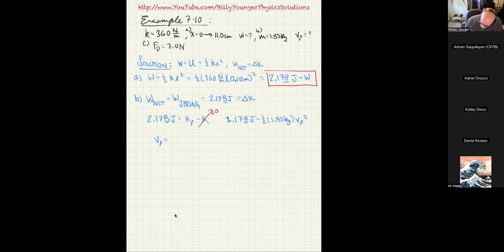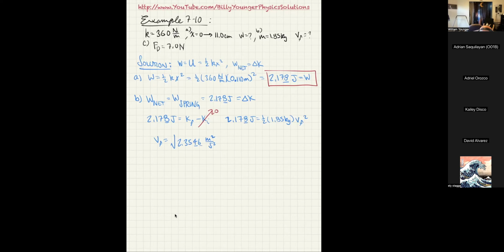So now I have to take the square root of that, and the square root of that would be the square root of 2.3546. I carried two extra sig figs this time, and that's meters squared per second squared.